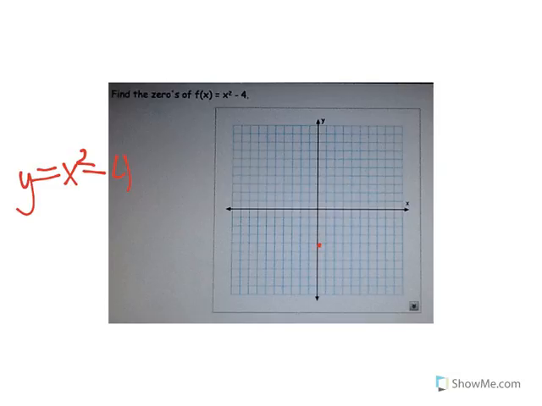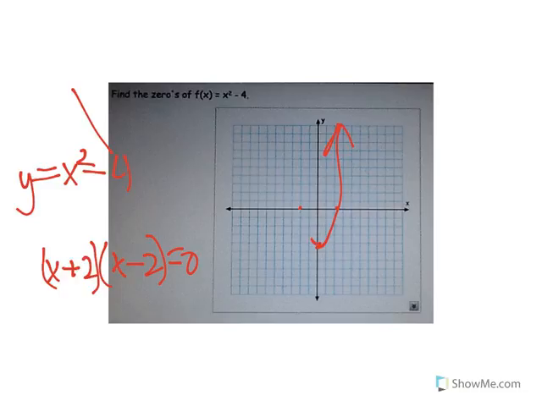Remember, this is the c value, so that's where it crosses the y-axis when x is equal to 0. And now it's just going to be up on either side. So it's going to be x plus 2, x minus 2, equal to 0. So the roots are there and there. That's going to be nice and symmetrical. And there we go.